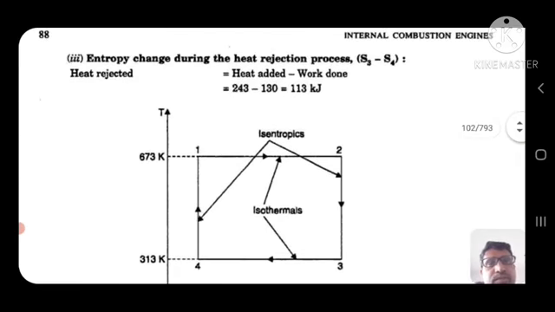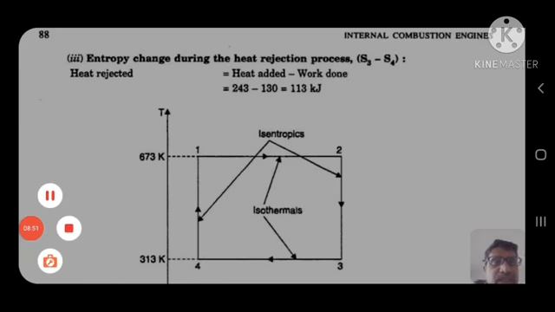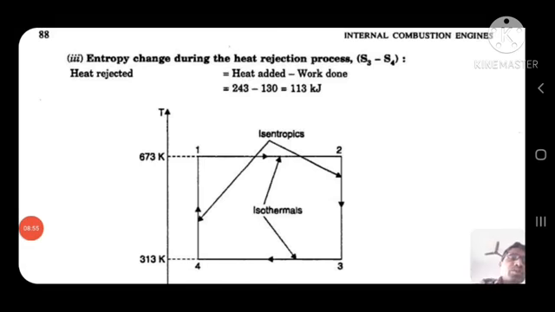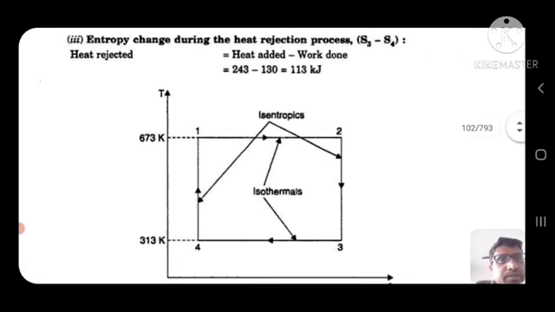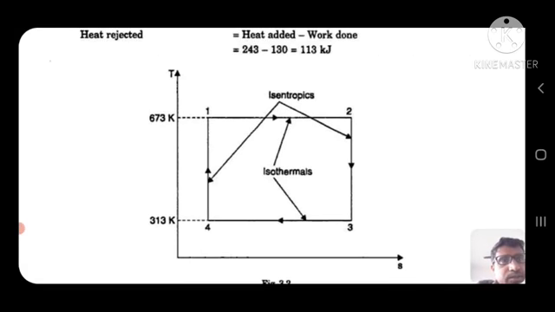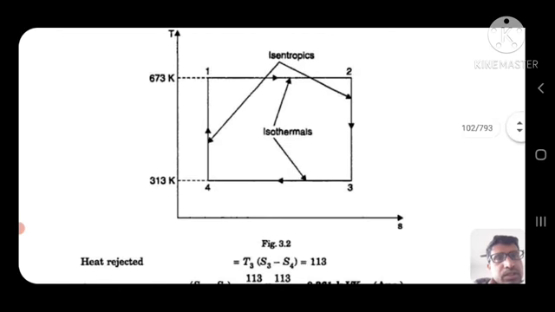Now, entropy change during the heat rejection process, S3 minus S4. The heat rejected is heat added minus work done, 243 minus 130, so that is equal to 113 kilojoule.